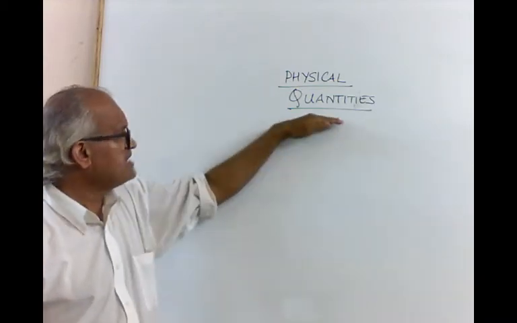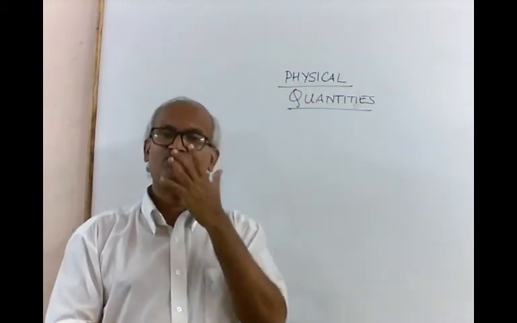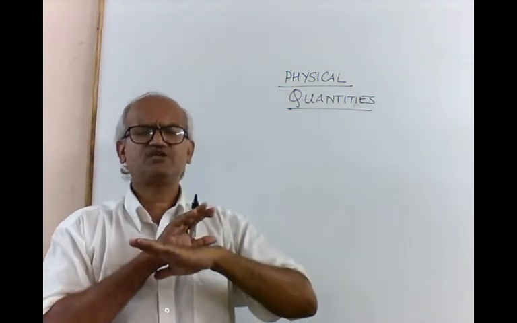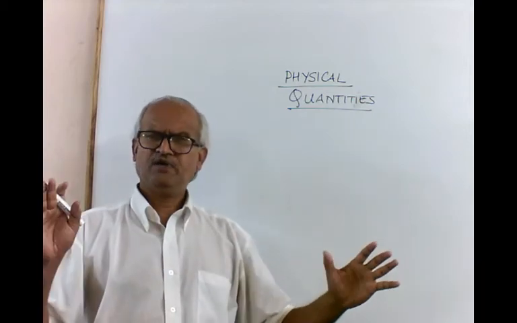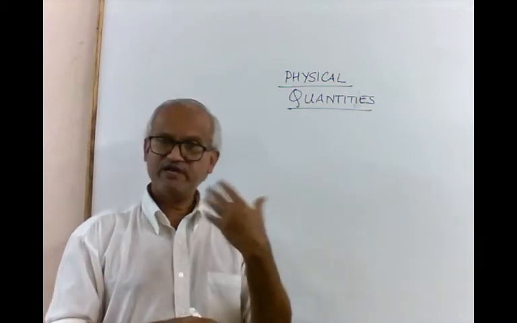अब ऐसे एक्चुअली अगर लिस्ट लगाने जाएंगे तो the number of physical quantities that you typically come across in physics is quite huge. It's far more than what you have been exposed to so far.